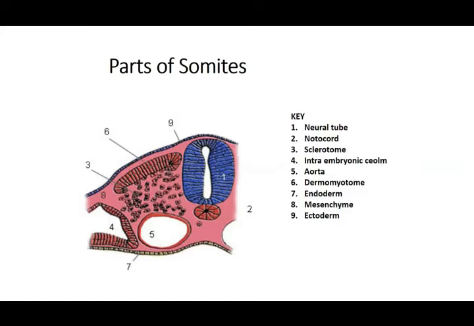The upper part forms the dermomyotome, and the rest forms the sclerotome, which spreads around the neural tube, around the notochord, and around the body wall. So these are the three places where the sclerotome cells are going to spread out. Part of the paraxial mesoderm becomes your sclerotome, and this sclerotome is going to form your vertebral column.